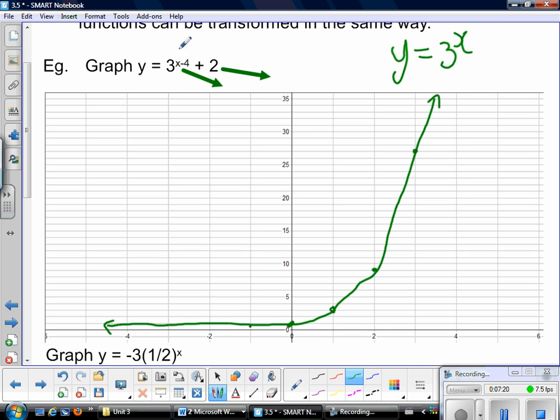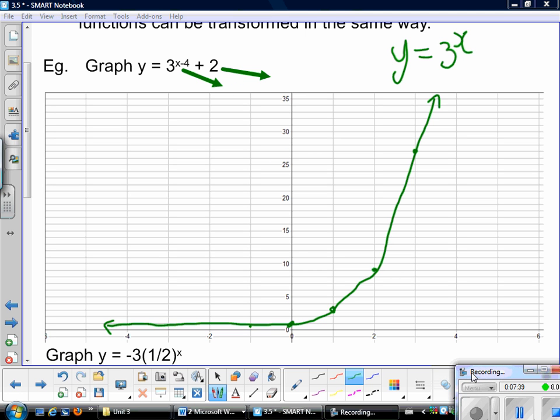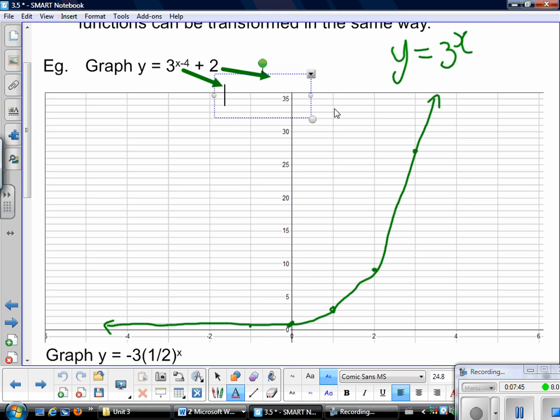Now what they're asking me to do, remember, if I change the x, it moves it left or right, and it always moves it in the opposite direction. So here it has x minus 4, so it means I'm going to move all my points 4 units to the right. Okay, so 4 units to the right, and we'll just type that in, and we'll use it in blue. 4 units to the right.